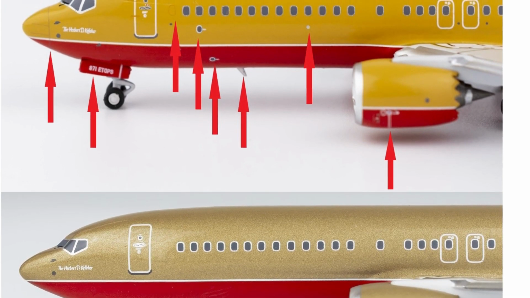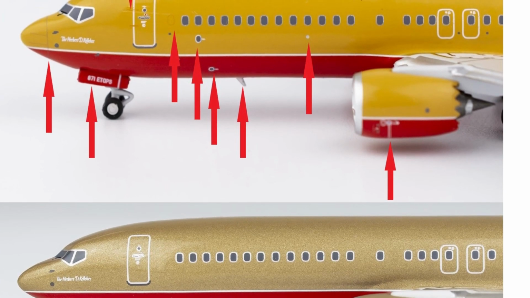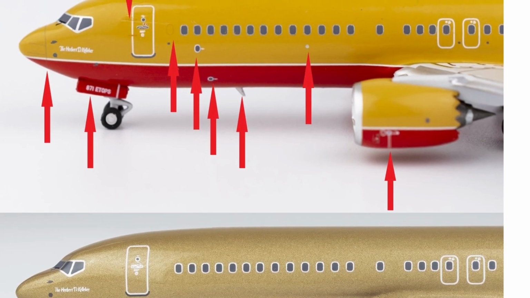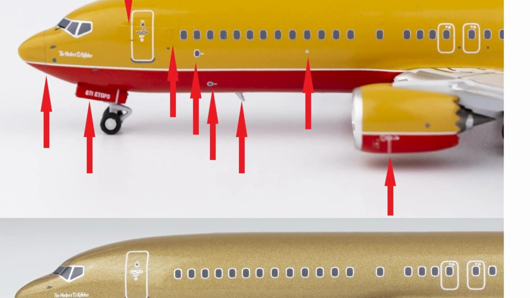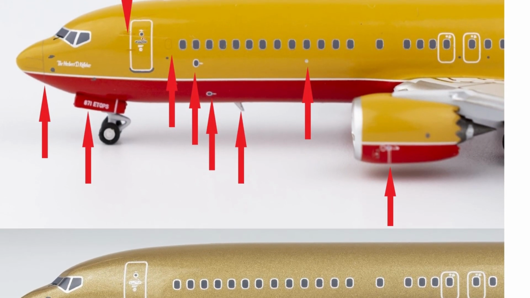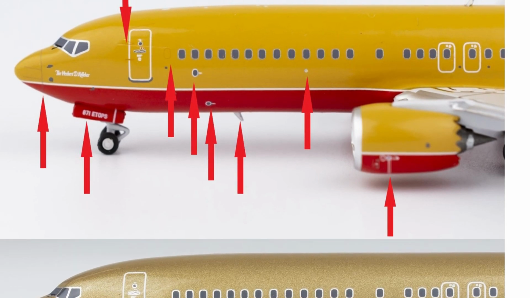The extra print that has been added typically nowadays on the engine nacelles, mainly on the underside, all that line work is also absent. And you can see also that the doors have been slightly simplified and they're missing the hinge work too. So these are the kind of things which have been missed off the print.